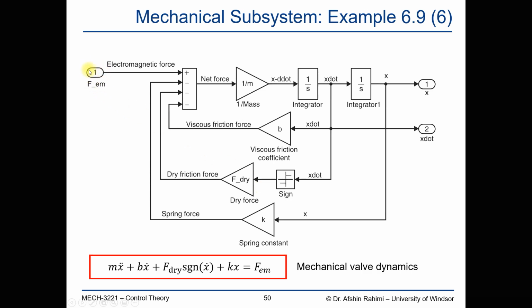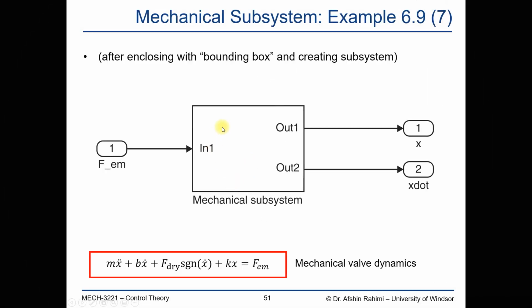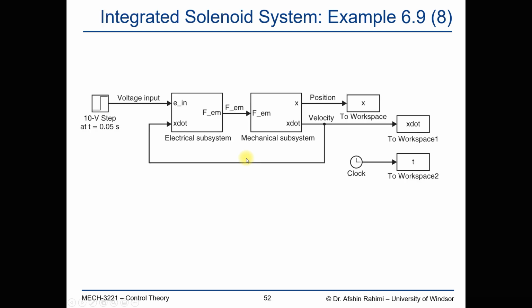For this subsystem, the input will be F em from the electrical subsystem, and its output will be x and x dot, where x dot goes back to the electrical part as an input. So looking at the mechanical part as a subsystem, it has one input, F em, and two outputs, x and x dot.